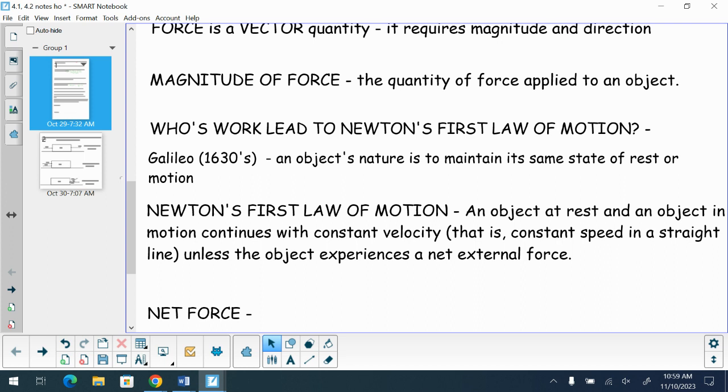That astronaut that gets pushed out in space will maintain that velocity forever until he runs into something.